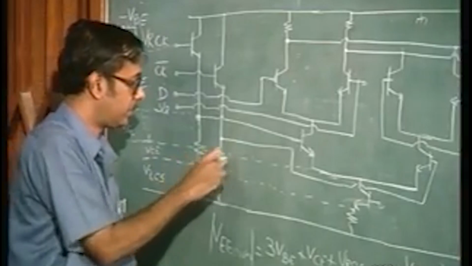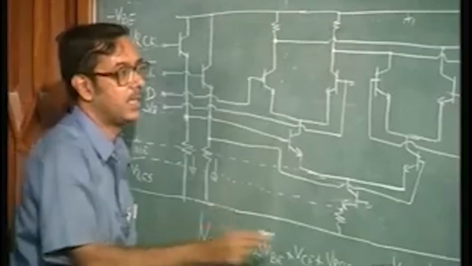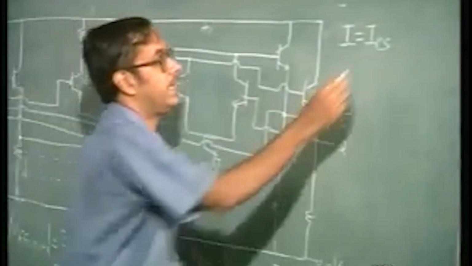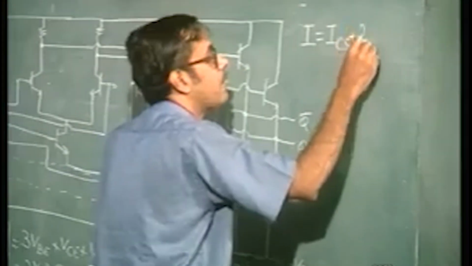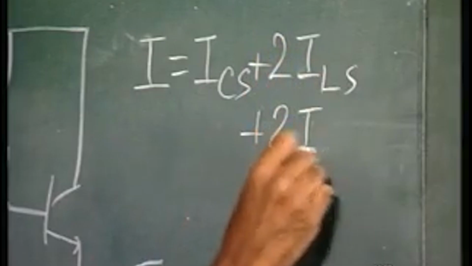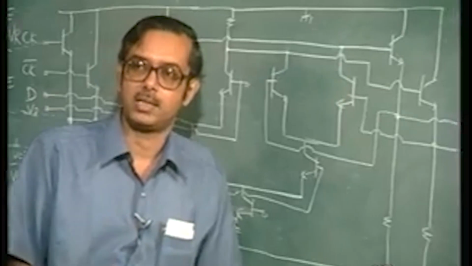The current will flow through these two. Okay, one current source, 2 level shifting, and 2 emitter followers. So, you have ICS plus 2 I level shifting circuits plus 2 I emitter followers. So, this is the amount of current which flows. And you have the voltage, and so the voltage into current is the power dissipation.